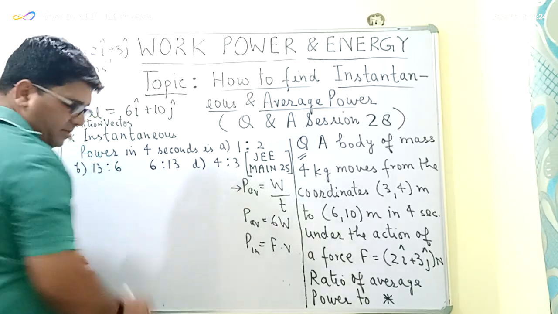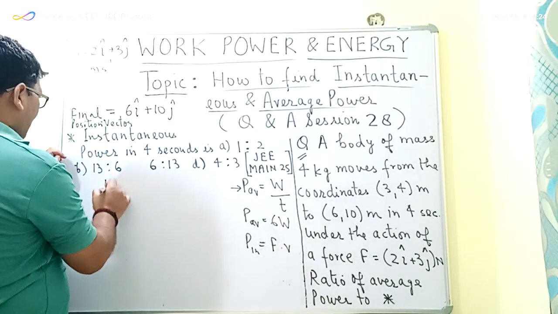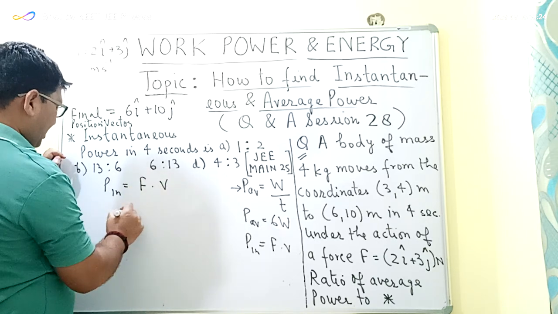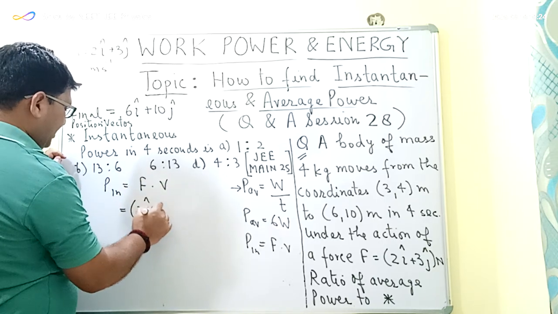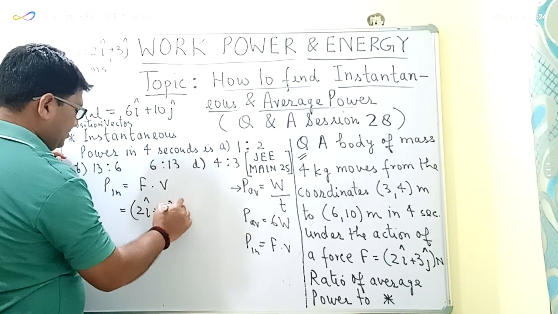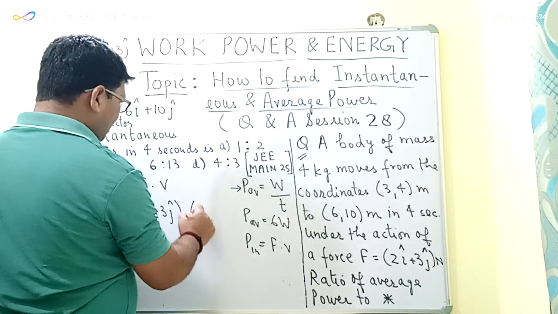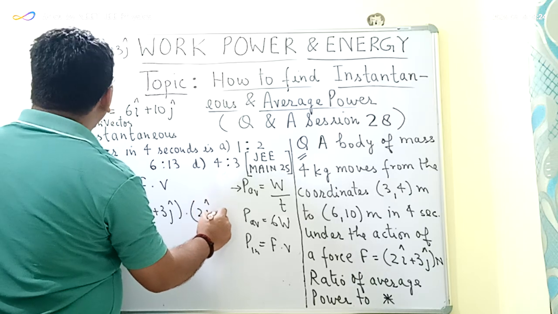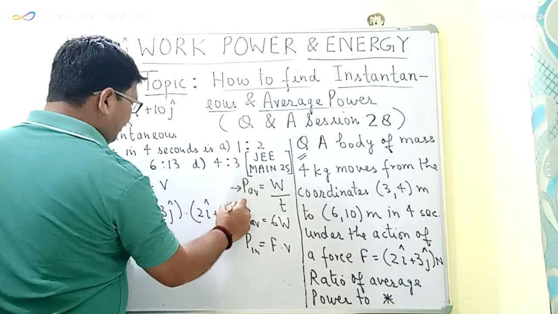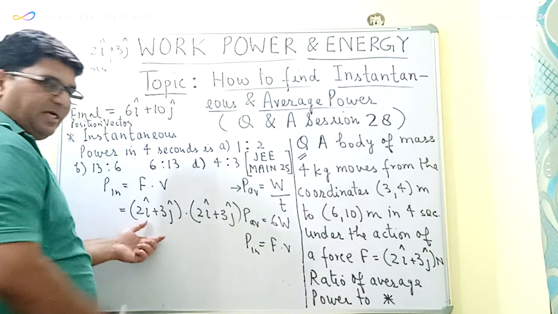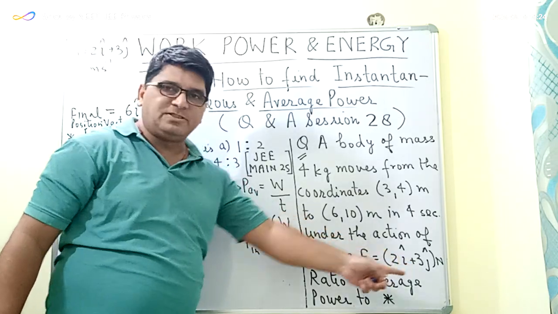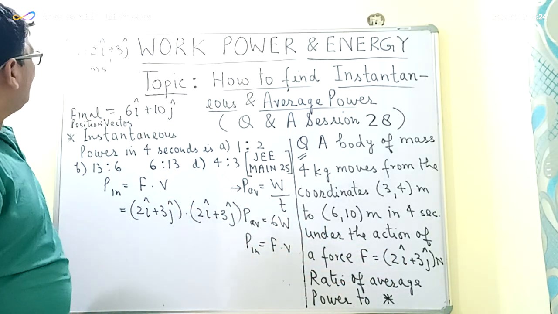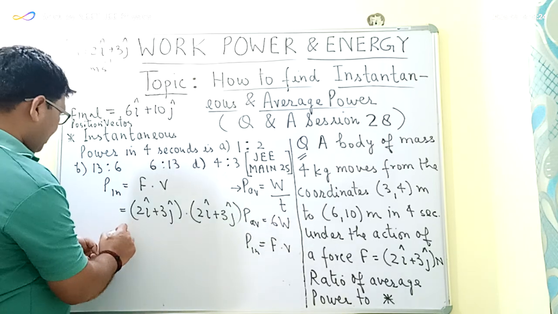Now instantaneous power is equal to F dot V. Here F is the applied force, which is equal to 2i cap plus 3j cap, and V we have already calculated, which is also equal to 2i cap plus 3j cap.